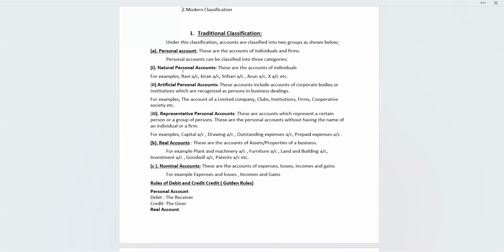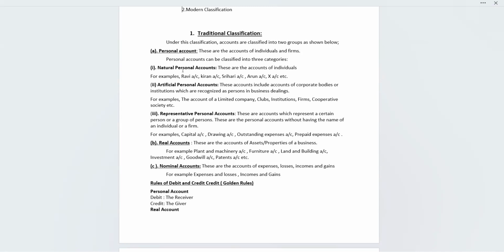Under this classification, accounts are classified into two groups: one is personal, another one is impersonal.